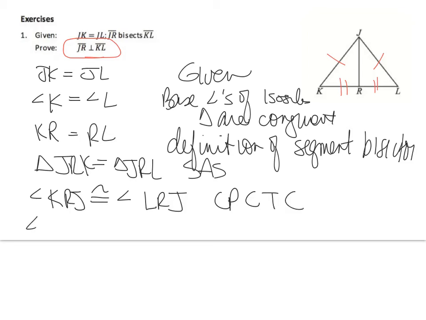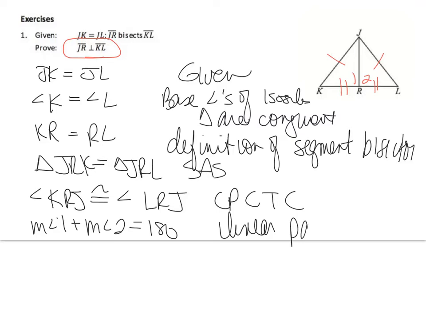And we know that those two angles, I'm just going to label them 1 and 2. That's a 1. The measure of angle 1 plus the measure of angle 2 equals 180 because it's a linear pair of angles.